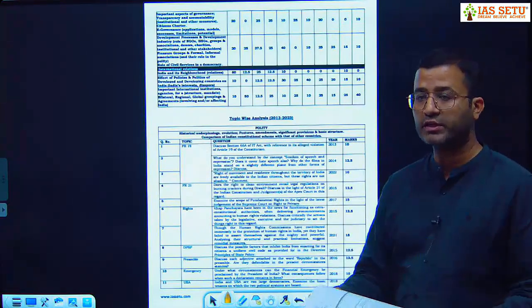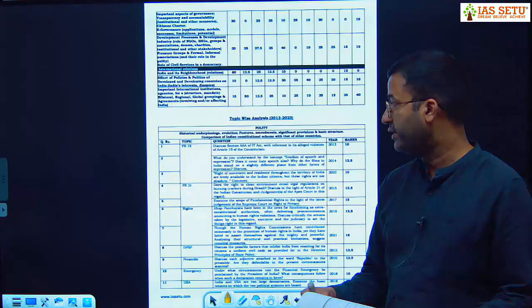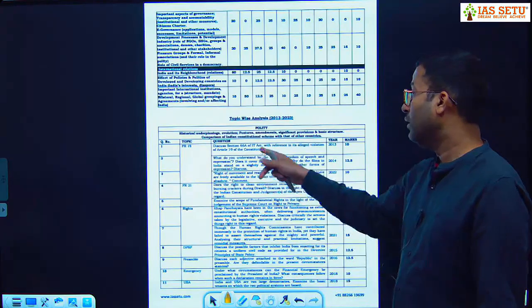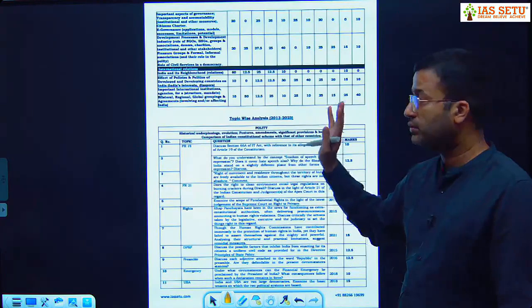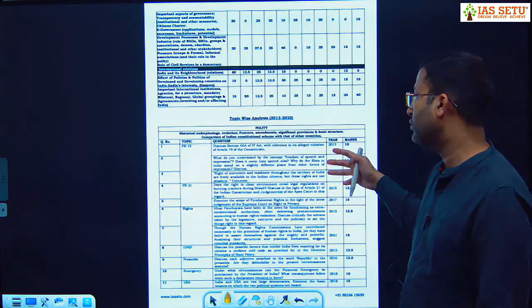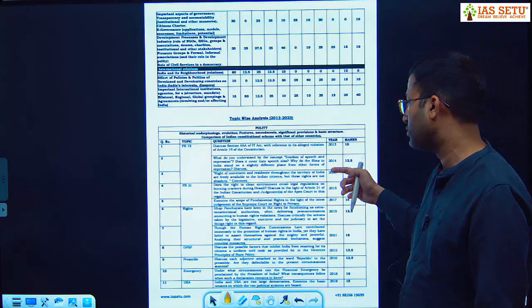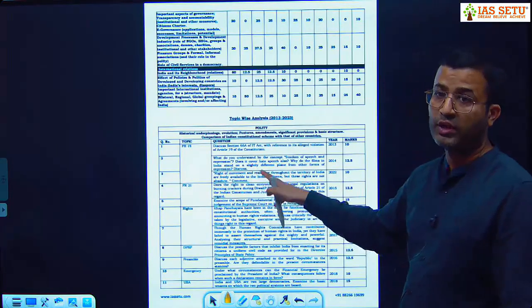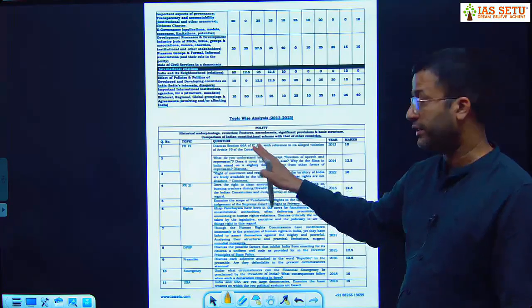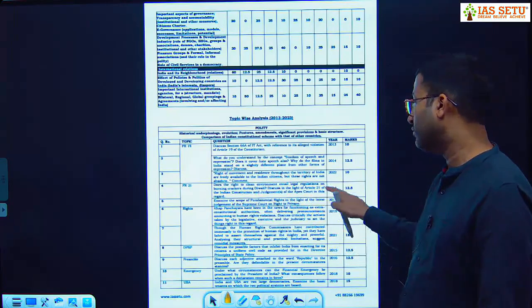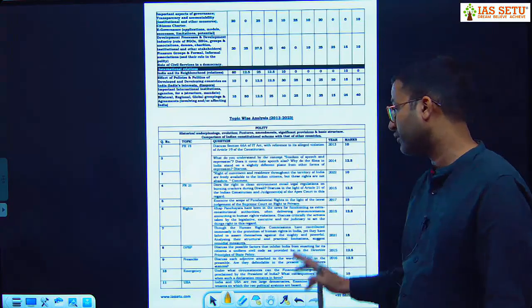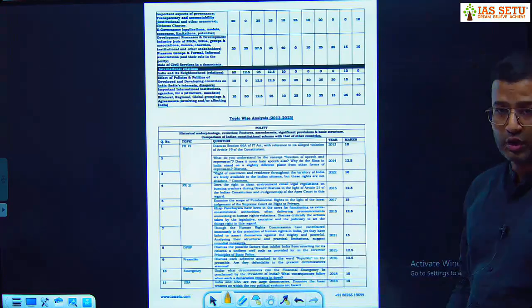When you revise Article 19, you can write your answers also. In previous year questions, 3 questions were asked, one in 2013, one in 2014 and 2022, and you can see what type of questions they have asked on Article 19, then Article 21, then rights, then DPSP in 2015, and preamble in 2016.